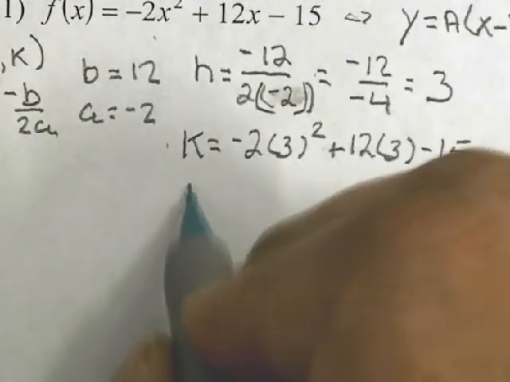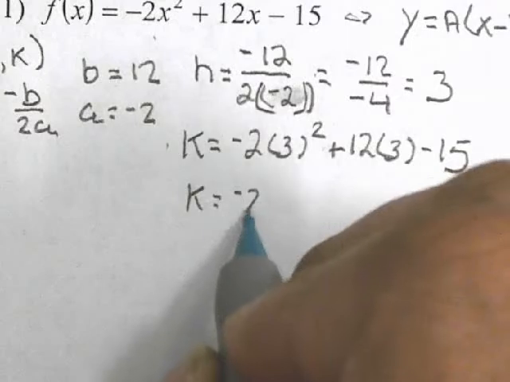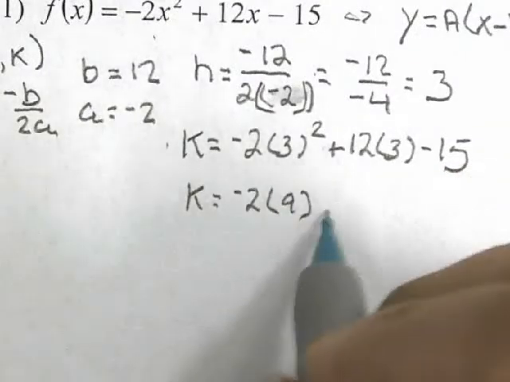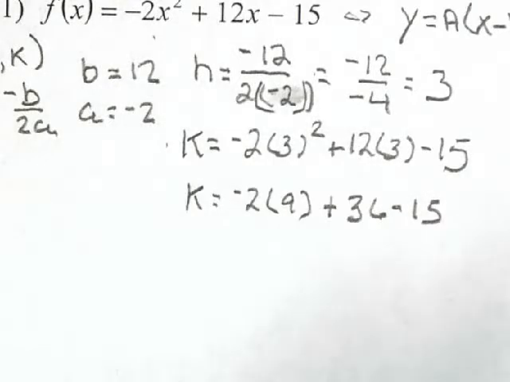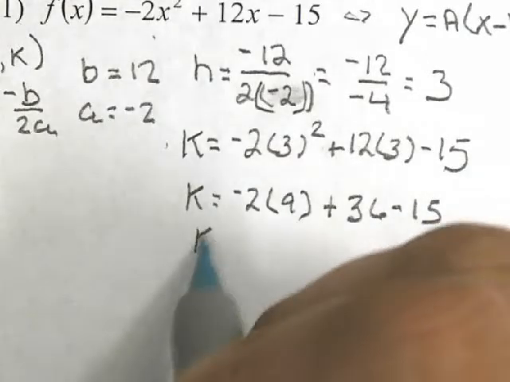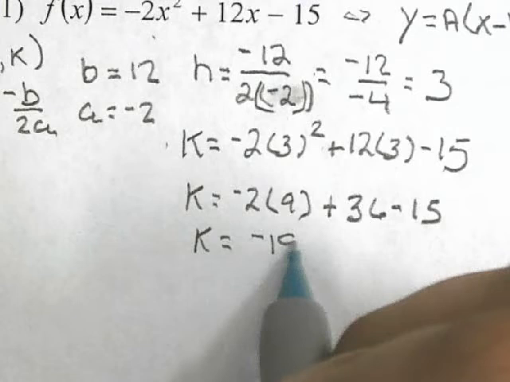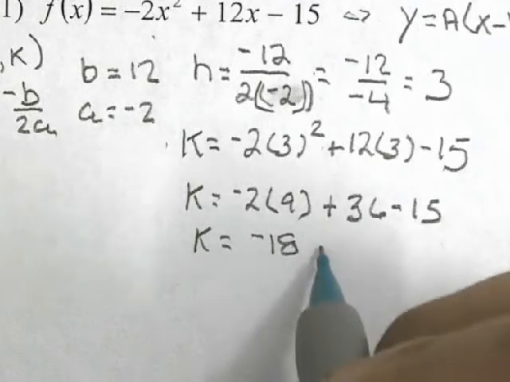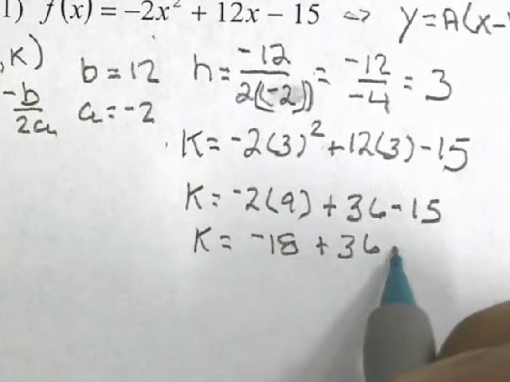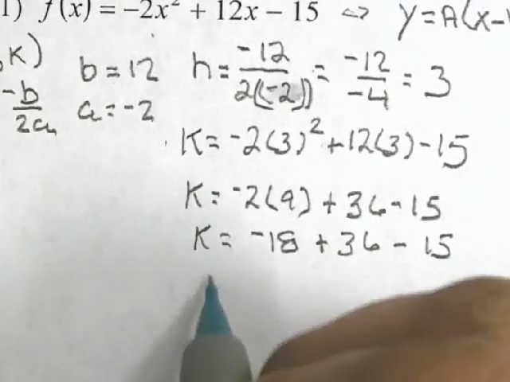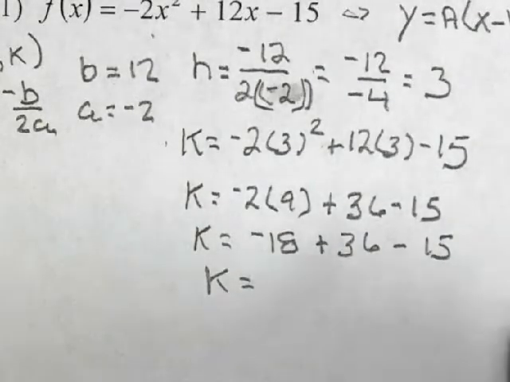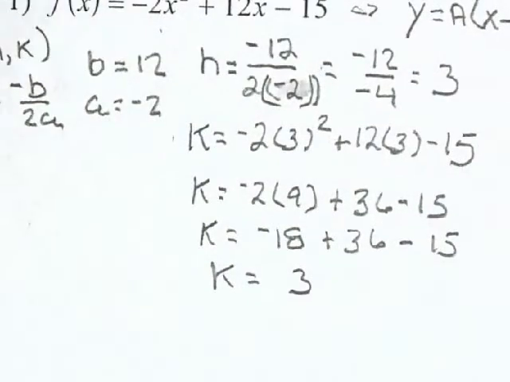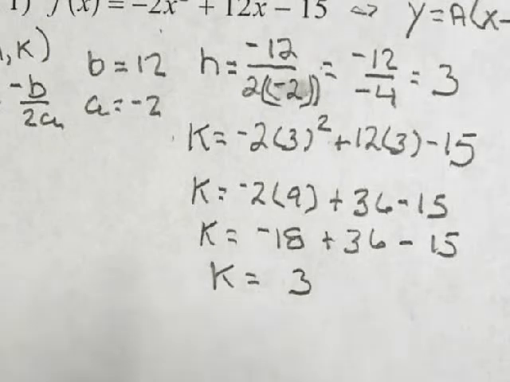So, k would be equal to negative 2 times 9 plus 3 times 12 is 36 minus 15. So k is equal to negative 18 plus 36 minus 15. So k is equal to 3. You could have done all that on your calculator. So k is equal to 3.